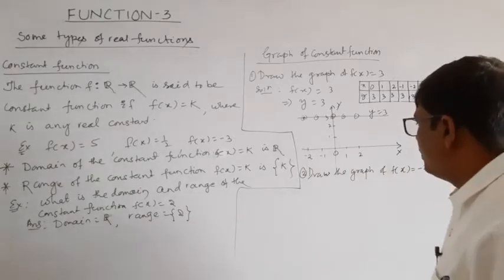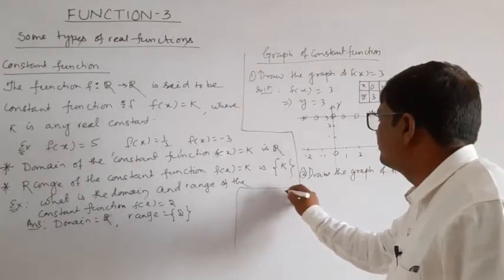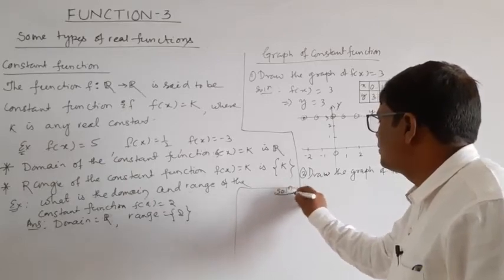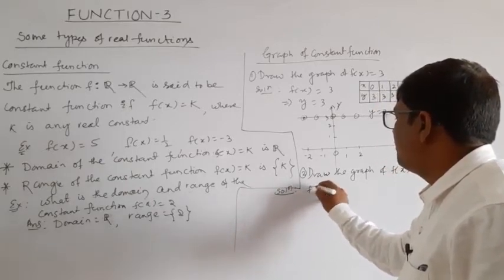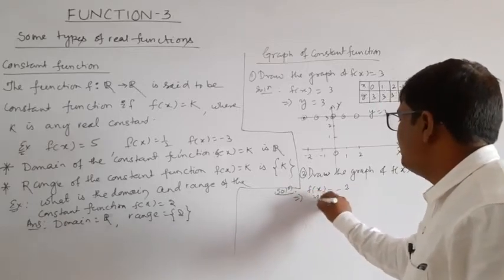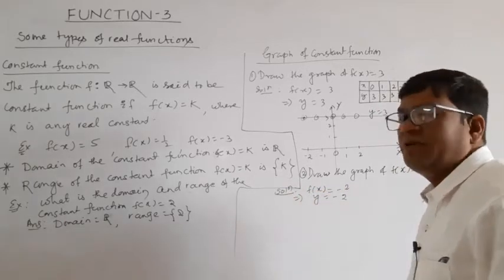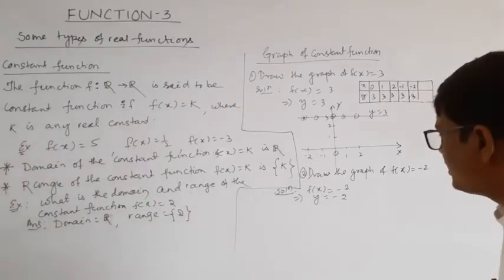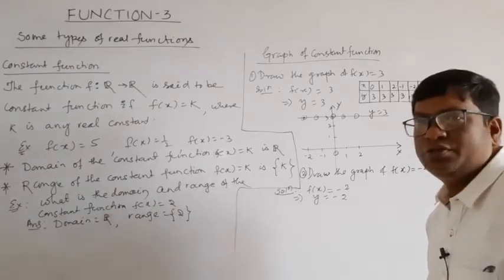So now solution: f of x is equal to minus 2, that implies y is equal to minus 2. For every value of x, y remains the same, that is minus 2.